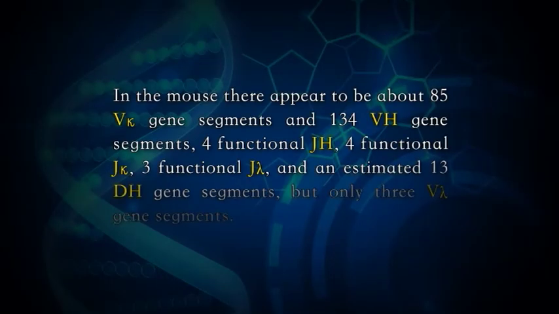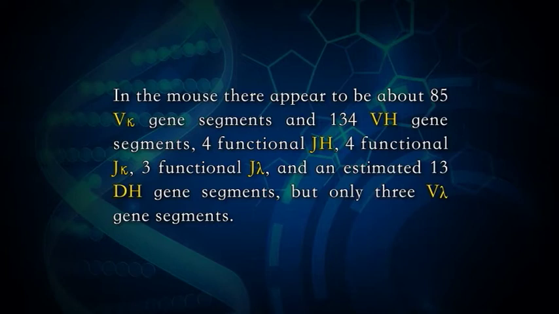In the mouse, there appear to be about 85 V kappa gene segments and 134 VH gene segments, 4 functional JH, 4 functional J kappa, 3 functional J lambda, and an estimated 13 DH gene segments, but only 3 V lambda gene segments. The presence of such a large number of gene segments aids in the production of a large number of antibodies with different specificities.